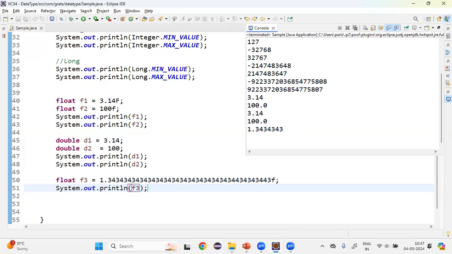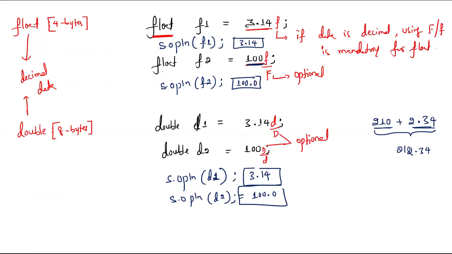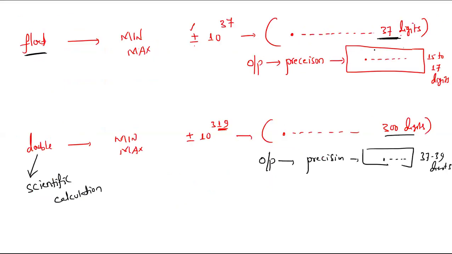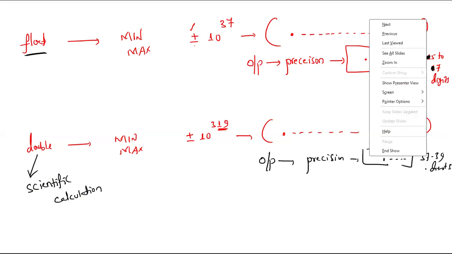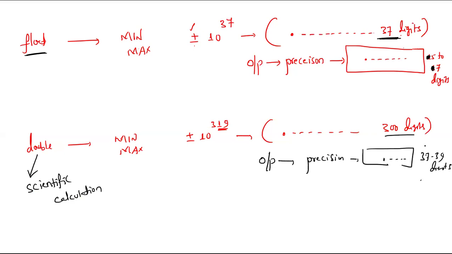So here my correction is, it is 5 to 7 digits only in the output, and here is another correction from my end. It is 15 to 17 digits for this. It's not 37, it is 15 to 17 digits only. It depends on your Eclipse version.